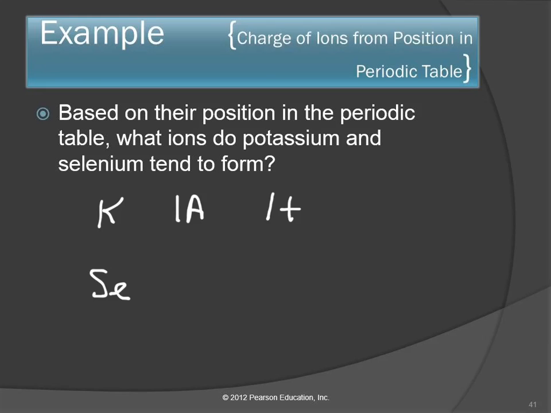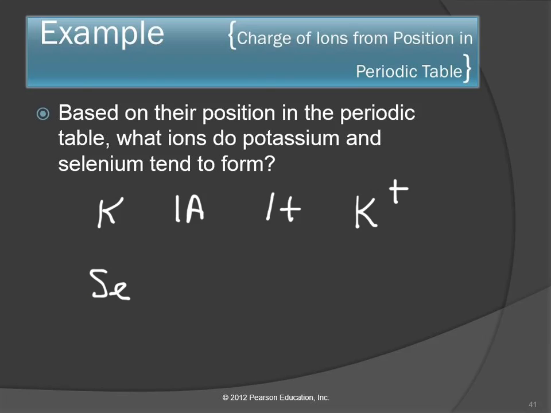And if we write the symbol for that, it would be K plus. We don't write the 1 because chemists have a thing about writing the number 1. We just don't write it unless we have to. So any questions about how I figured that one out? That make sense? You look at those main group metals, the group number tells you the charge. That's really the easiest way.